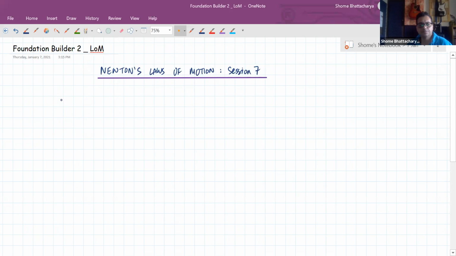And we saw that a non-inertial frame of reference is defined as a reference frame which is in accelerated motion with respect to ground.